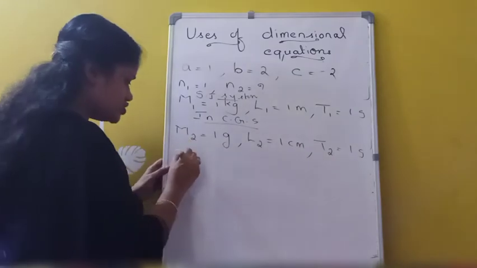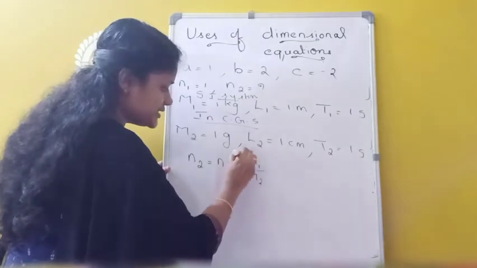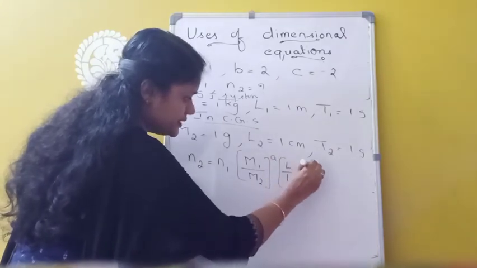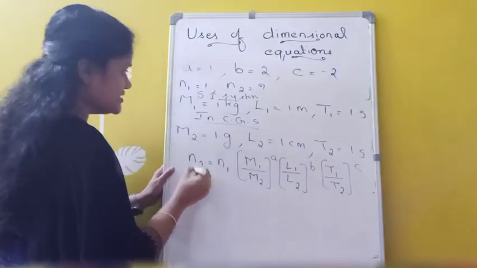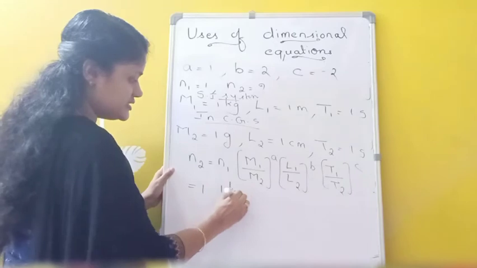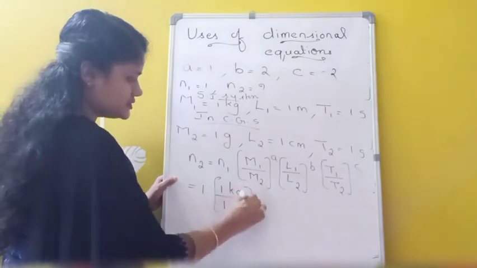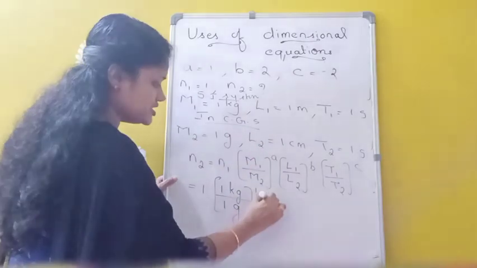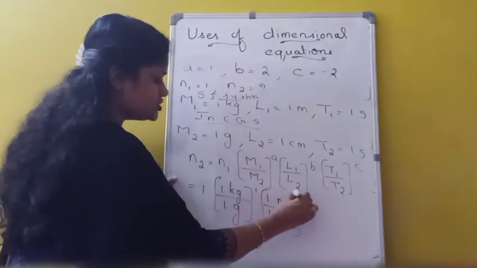So what is the formula for N2? N2 equals N1 into M1 by M2 the whole raised to A, then L1 by L2 the whole raised to B, and T1 by T2 the whole raised to C. That means N1 value is 1. 1 into M1, 1 kg, divided by M2, 1 gram, raised to the power A, which is 1, into L1, taken as 1 meter, divided by L2, 1 centimeter, raised to the power B, 2.